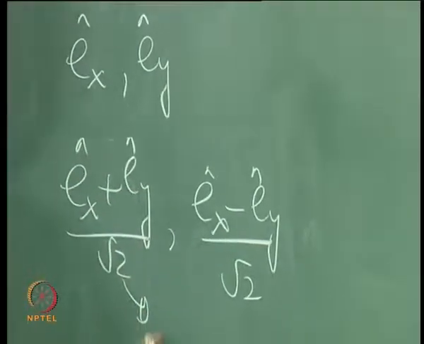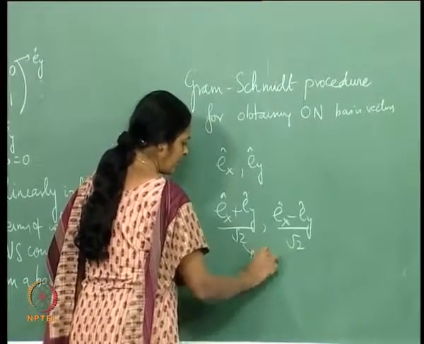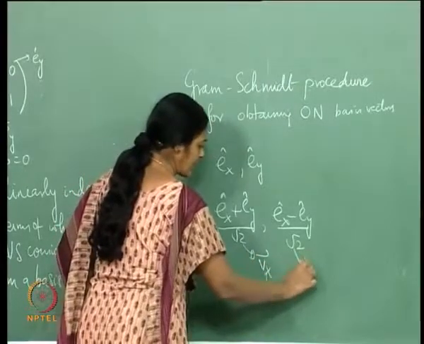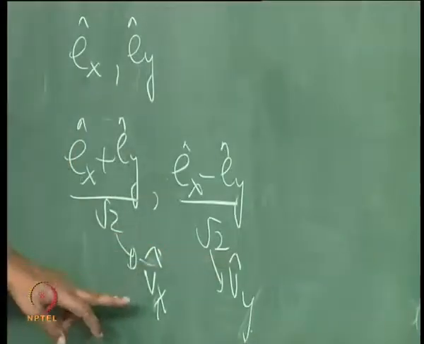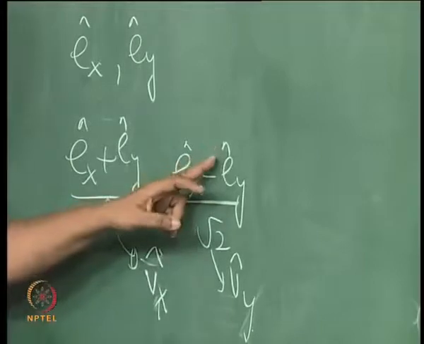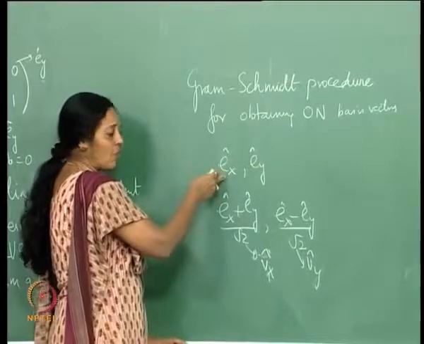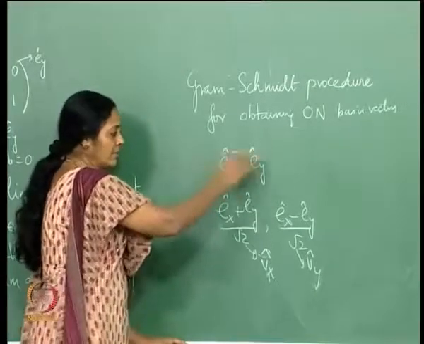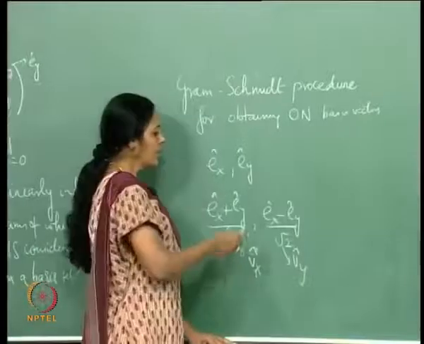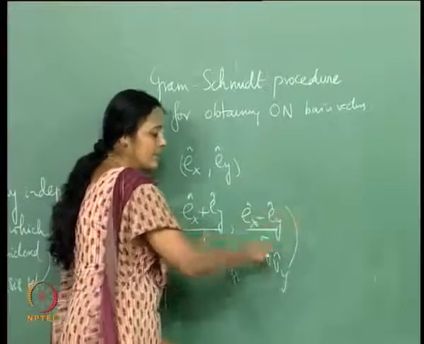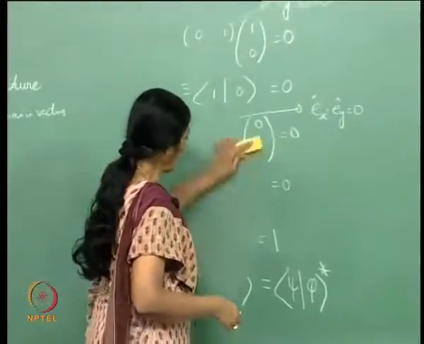I can call this vector little vx and this little vy. You can check that vx is normalized to 1 and vy is normalized to 1, and that they are orthogonal to each other. It follows from the fact that Ex is normalized to 1, so is Ey, and Ex dot Ey is 0. So, I can have several basis sets and I should be able to go from one basis set to another basis set. So, let us see how exactly this could happen.